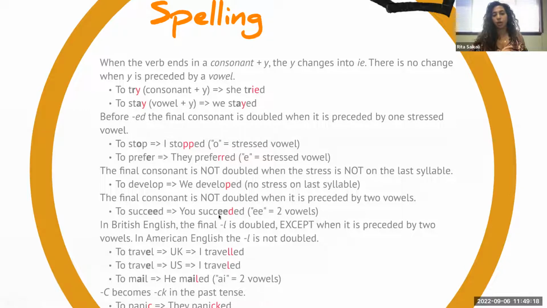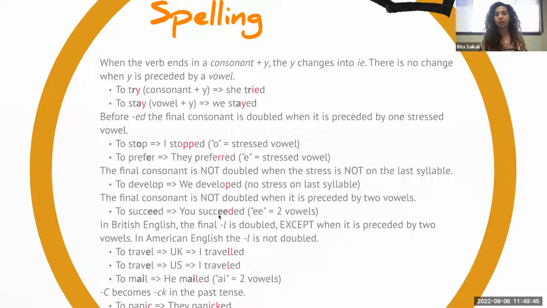All right. So in British English, the final L is doubled, except when it's preceded by two vowels. In American English, it's not doubled, and that's where the question is. So if you're writing in British English, and there is one vowel, it's always two L's, right?